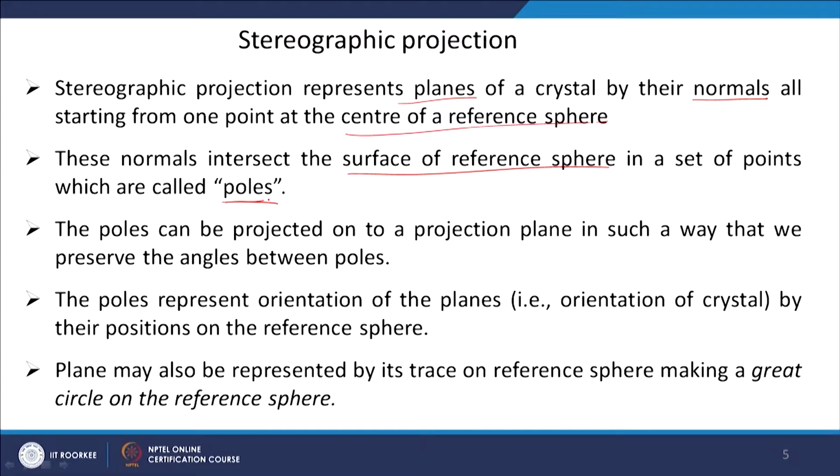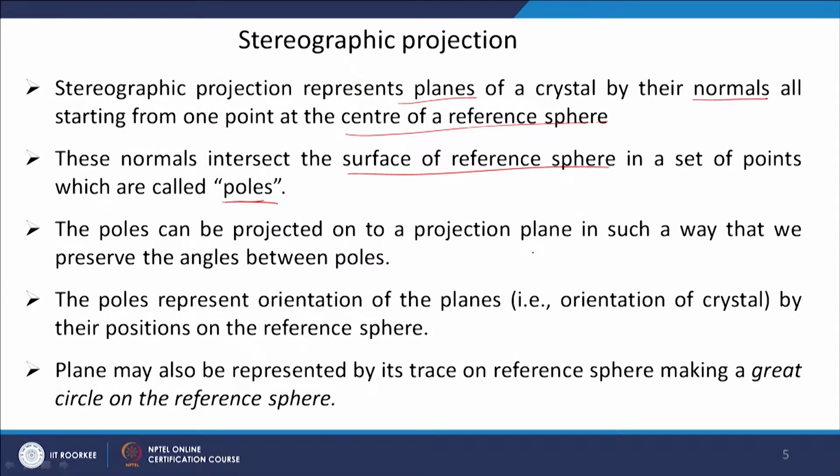Okay. So, basically if I take a unit cell like this, you have a plane, there is a normal. Okay. So, this normal will go and cut a sphere. I will discuss what a sphere means, and then we project these poles on a projection plane in such a way that we preserve the angles.